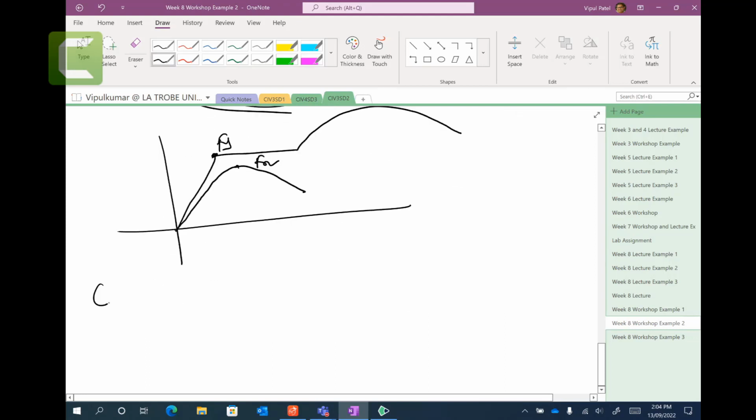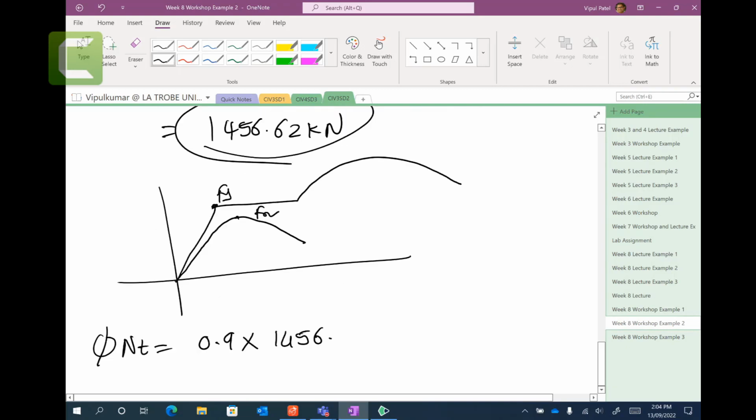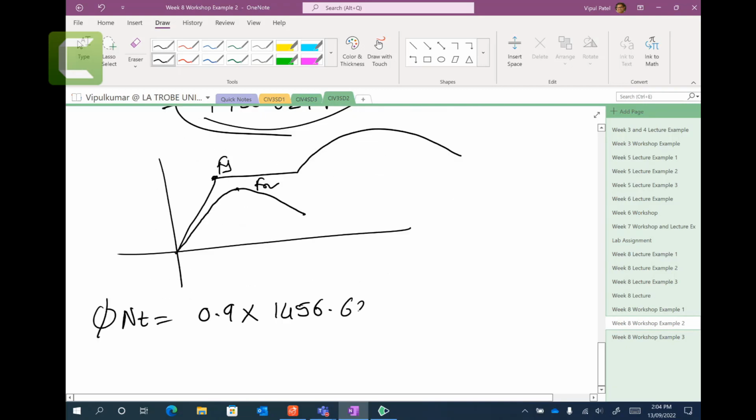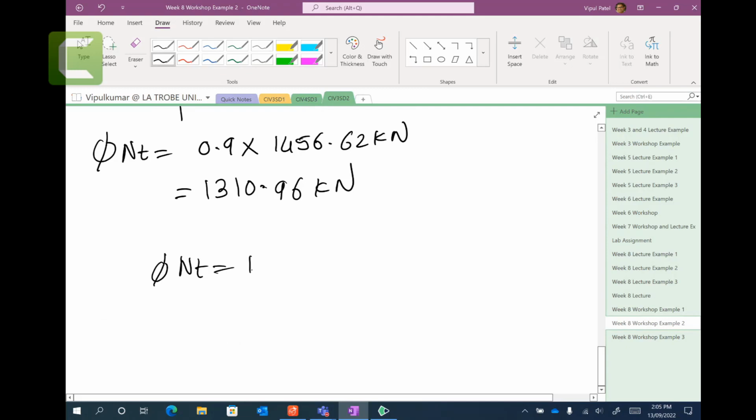5.9, 10% just gone, because of this imperfection and all that we covered in the lectures. Times 0.9, you get 1310.96 kilonewtons. That's the capacity of your plate.